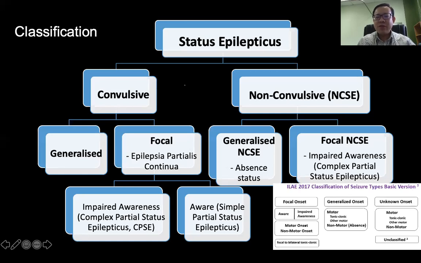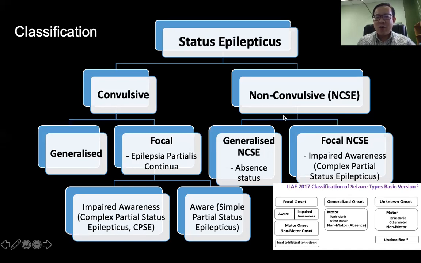Is it convulsive or non-convulsive? Is it C or NC? NC. Okay, someone straight away said this is focal, right? Correct.